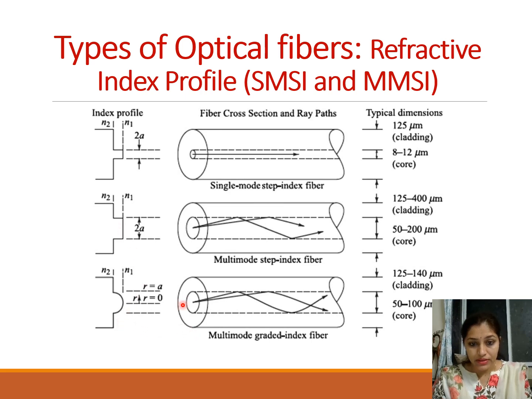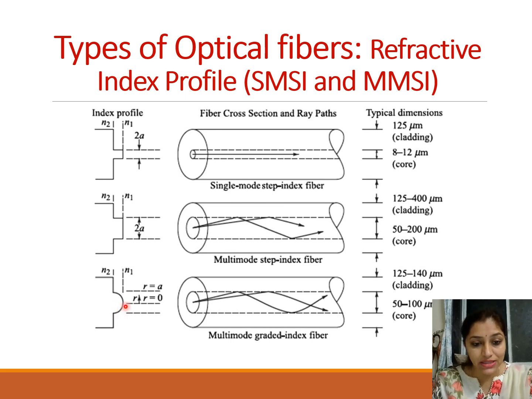So this is a step index fiber, this is also a step index fiber, and then comes graded index fiber. In case of graded index fiber, you can see refractive index of core is not constant.